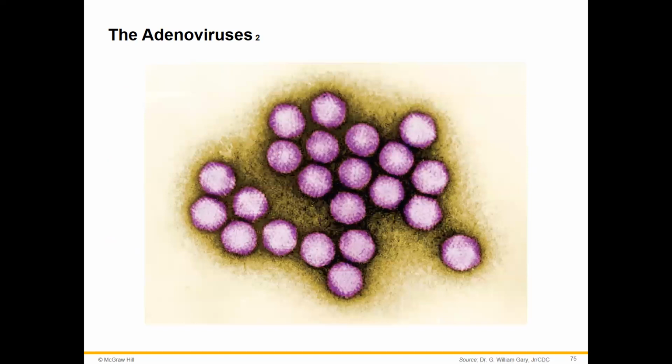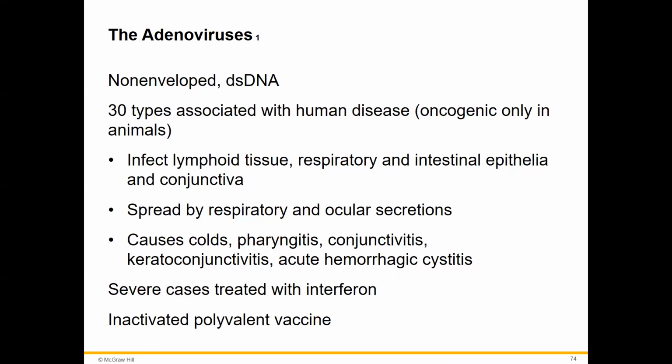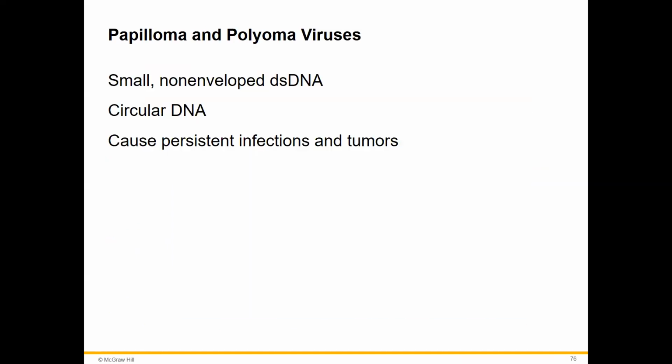Okay, we won't look at some of the specifics. Just know in general, typically like your common cold, your pharyngitis, your viral upper respiratory conditions, that would be adenoviruses, double-stranded DNA. They're not super fun to test on, so I don't know if they would ask you.